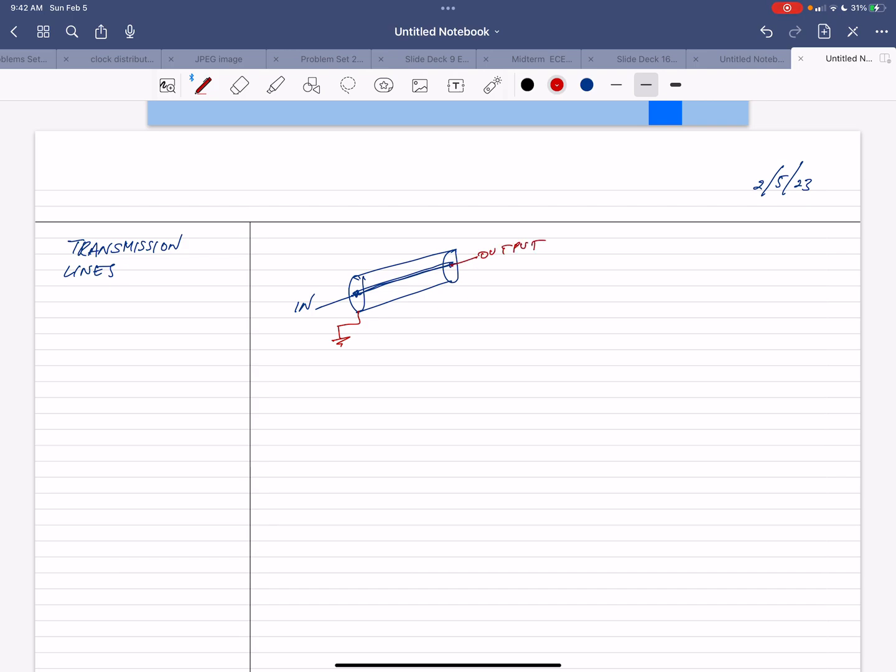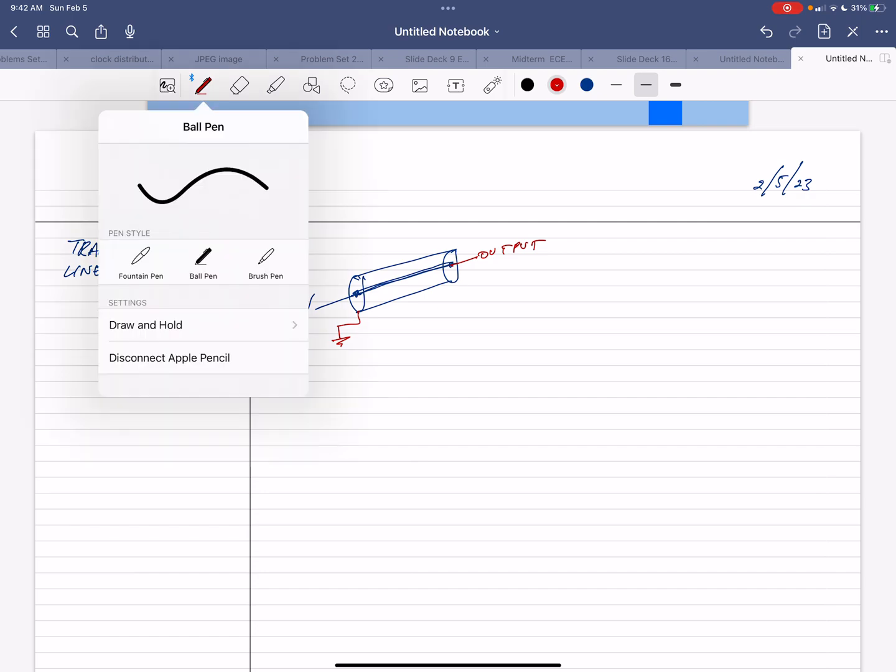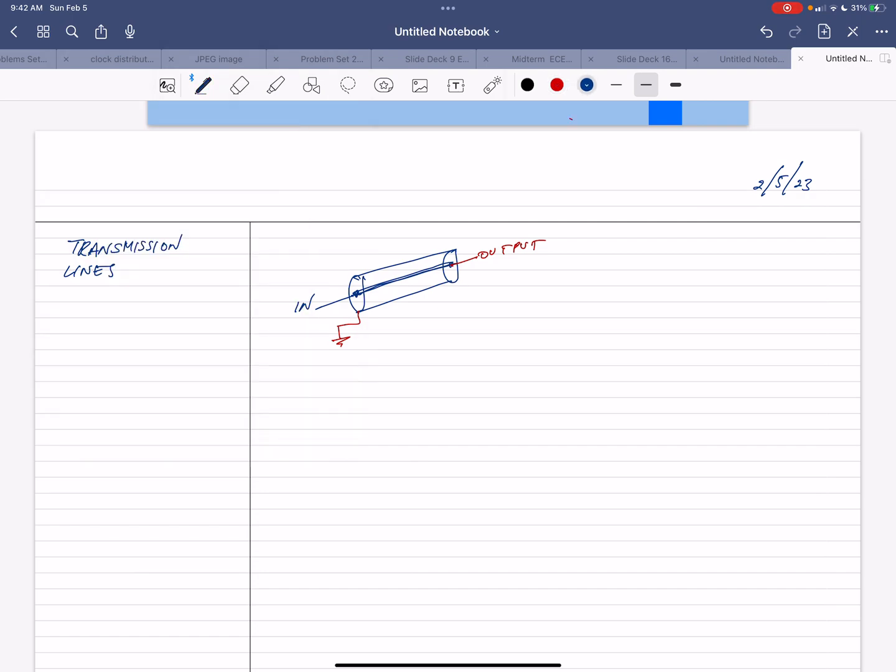And then we have the other types that are popularly used and can have this two-wire model: the microstrip, the strip line, and the coplanar.